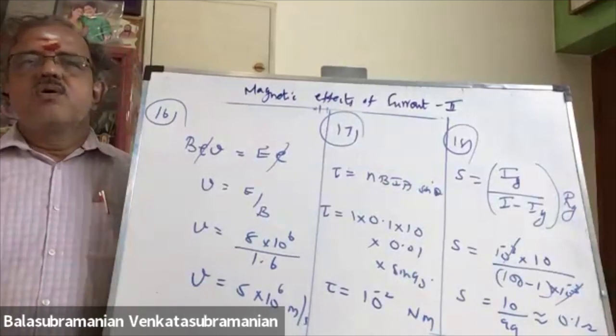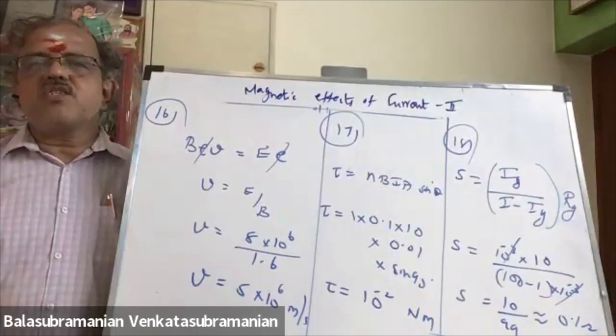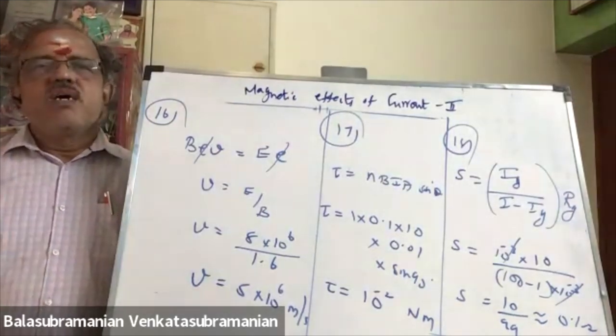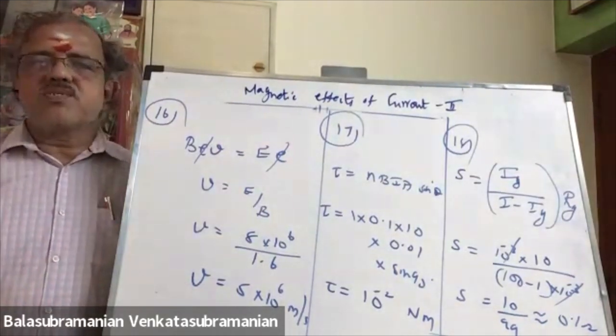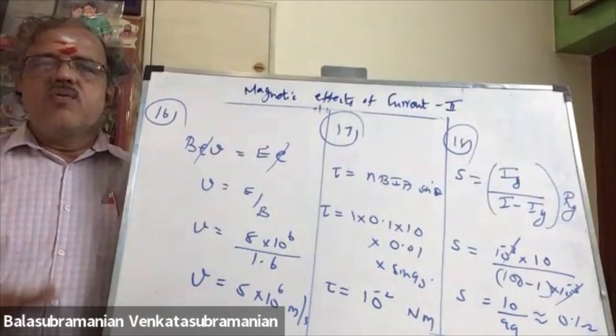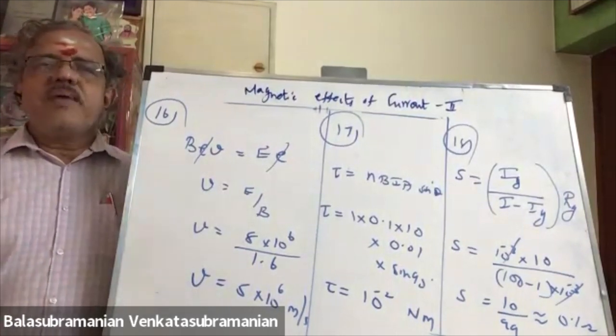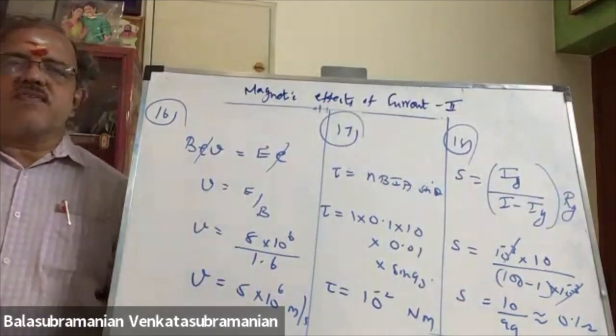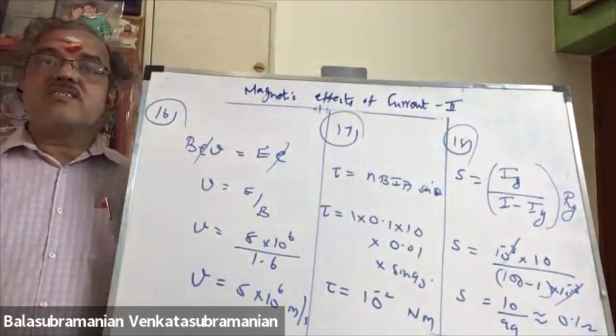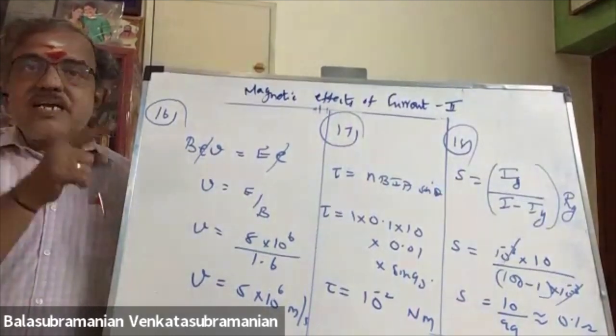Okay. So we have seen the basic formulas of magnetic effect of current. Based on this, we have done some problems. Now, using Coulomb's inverse square law, what is the magnetic field along the axis of a circular coil carrying current?